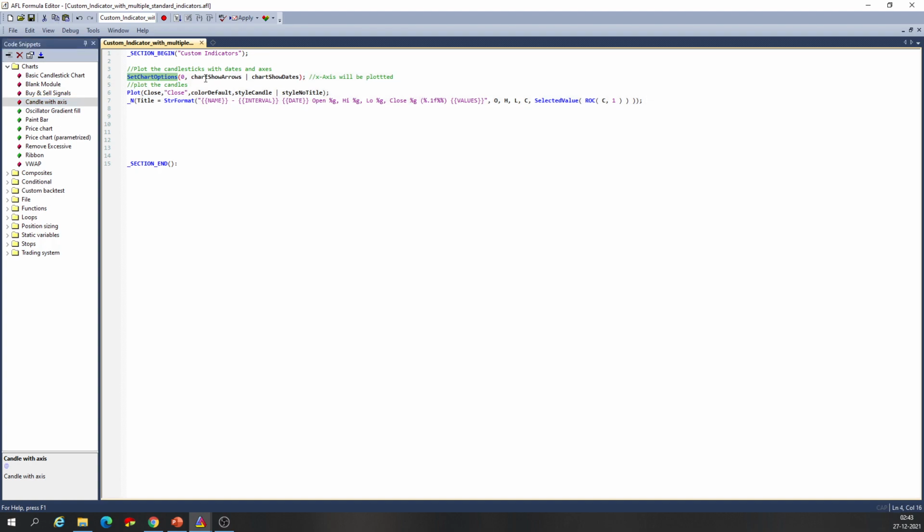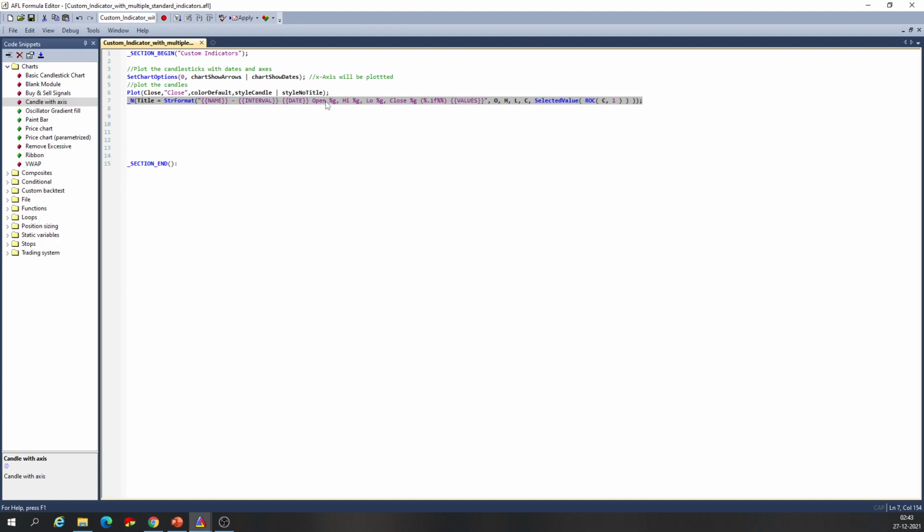So this is set chart options, which will basically display the arrows and dates, and then we use the plot function in order to plot the close of each candle and use the style candle as the style in the plot function variable, and then style no title, and this specific line is what gets displayed in the title of the chart.